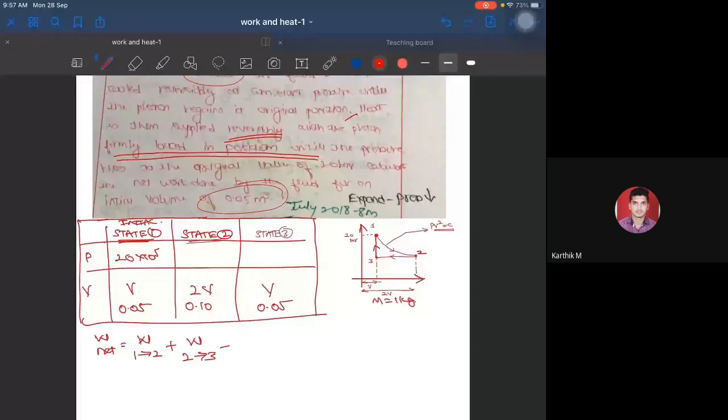Calculate individually, that is just work done from 1 to 2 first. Calculate the value. Next, work done from 2 to 3, you calculate the value. Work done from 3 to 1, you calculate the value. And club all the things to get your final answer.